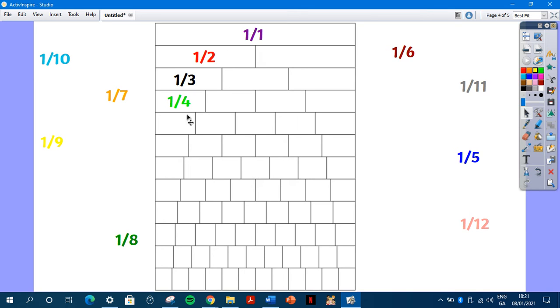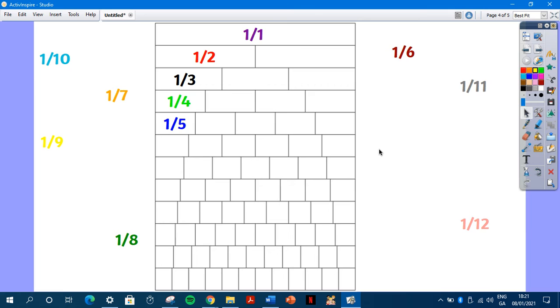So next one, what's below that then? We can kind of see a pattern here. It's 1 over 1, 1 over 2, 1 over 3, 1 over 4. How many blocks do we have in this one? 1, 2, 3, 4, 5. So if we're looking for 1 block out of 5, it's 1 over 5.